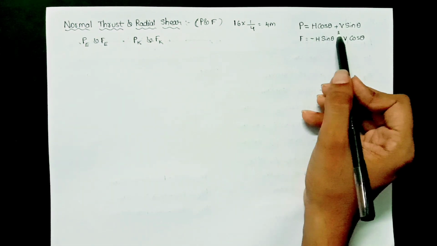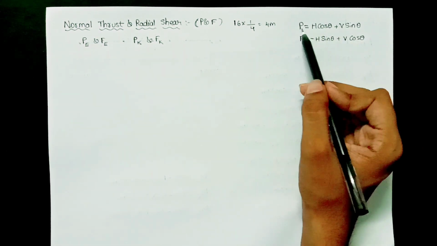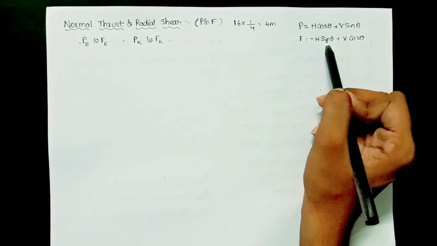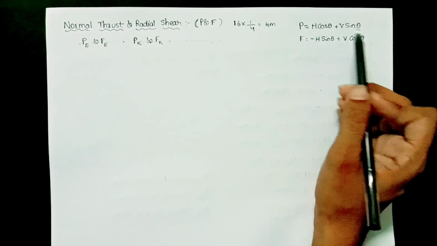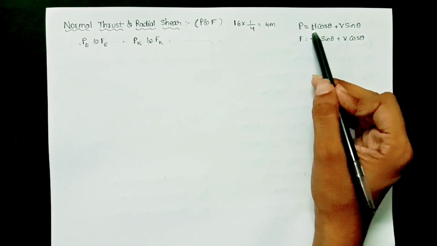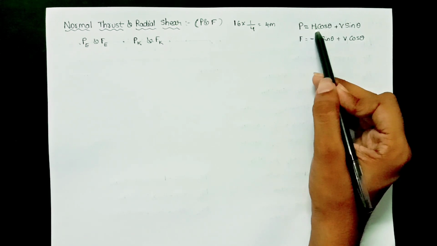Okay. So here I have written the formula for normal thrust and radial shear. P equal to H cos theta plus V sin theta and F equal to minus H sin theta plus V cos theta. So in order to calculate the normal thrust and radial shear, we know the horizontal reaction, which we have calculated in step 2.